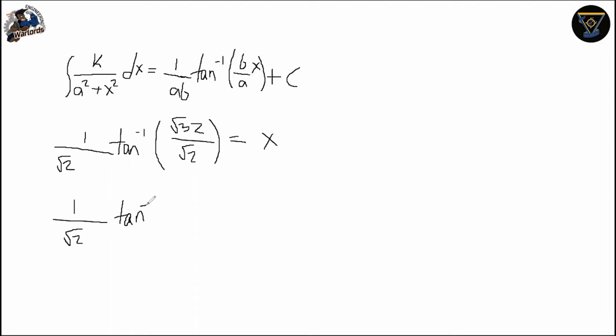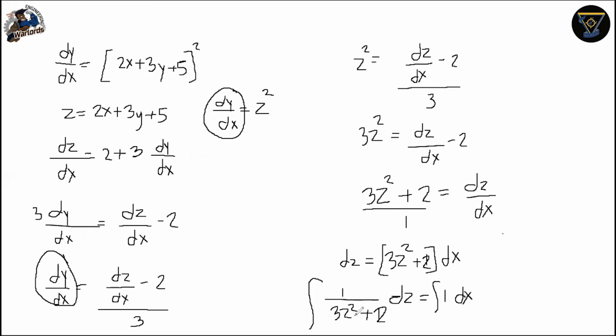Sir, up the top you have 1 over ab, but down here you only have 1 over square root of 2. Yeah, because remember that we need this to be squared and we need this to be squared. So it is the same thing as the integral of 1 over square root of 2 squared, because square root of 2 squared is the same thing as 2.